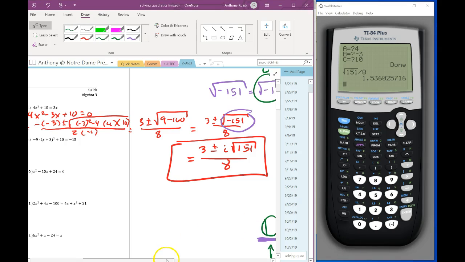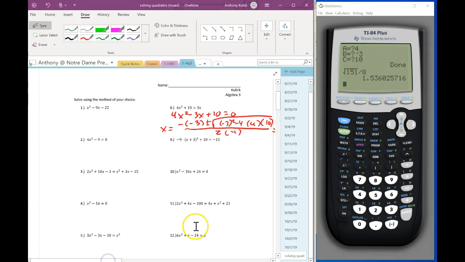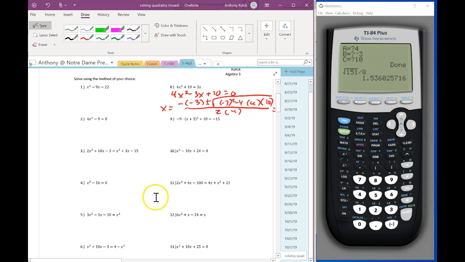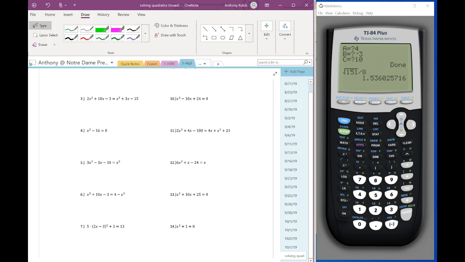Good. What I'd like for you guys to do as your assignment, I want you to go back and check your answers for 1 through 14, for all of them, using the quadratic formula. Now, some of those are going to be a pain in the butt. Which ones would that be a pain in the butt for? Things like number 7. Why would that be a pain for number 7?